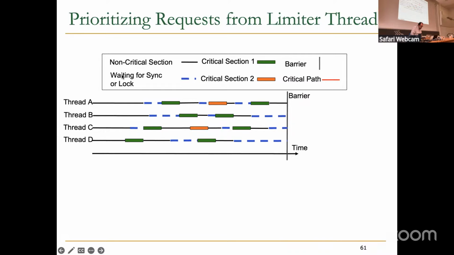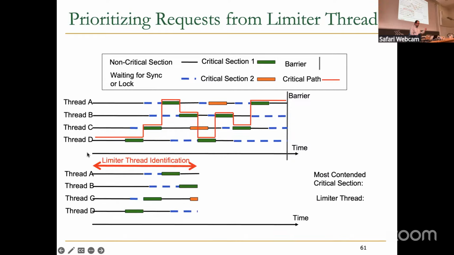Then we have waiting for synchronization or lock, which is the dashed blue line, and critical section 2, which is the orange rectangle. We also have a barrier. The critical path can be shown with the red line. So here is the critical path of the execution of these 4 threads in parallel.